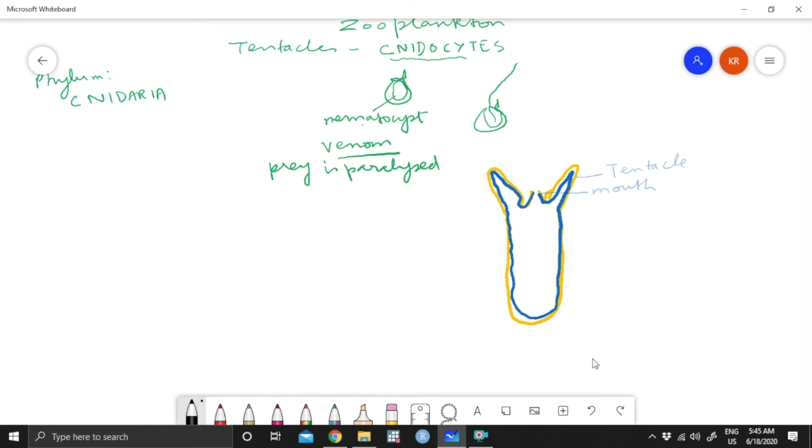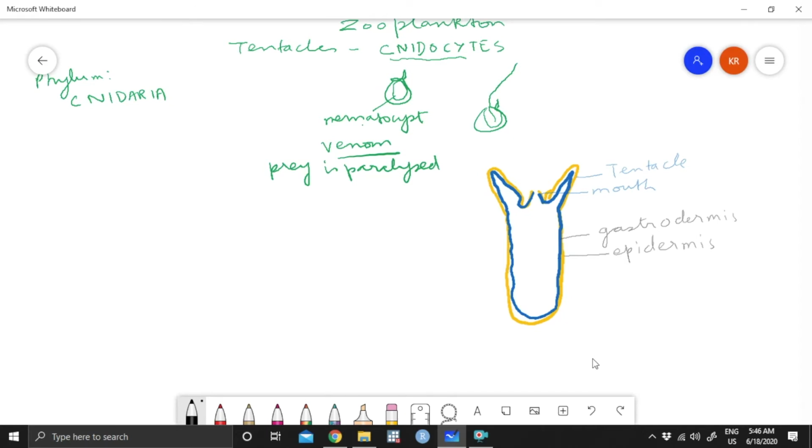This outer layer is the epidermis. The outer layer is the epidermis. The inner layer is the endodermis, but another name is gastrodermis.